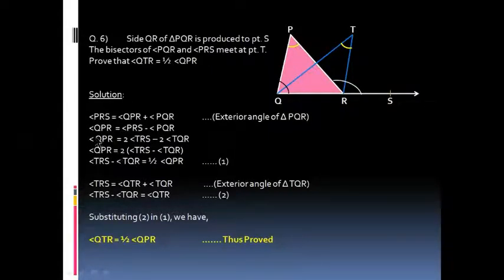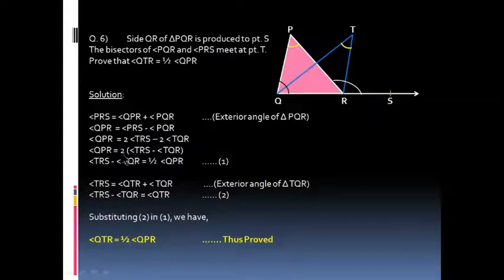So we are substituting that. So angle QPR is equal to 2 times angle TRS minus 2 times angle TQR. So instead of PRS, we are writing 2 times TRS, and instead of PQR, we are writing 2 times TQR. So angle QPR becomes equal to, now just take 2 common. So we have taken 2 common and we have written in brackets angle TRS minus angle TQR.